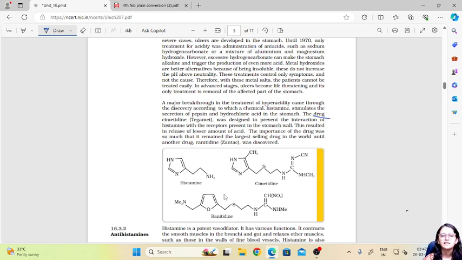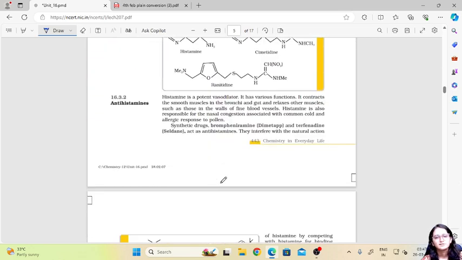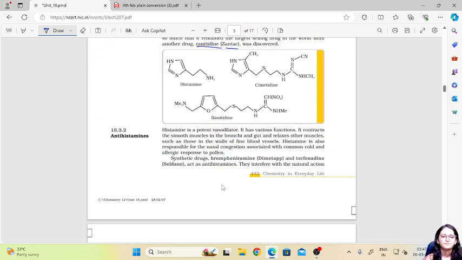Drugs like cimetidine, also called Tagamet, were designed to prevent the interaction of histamine with the receptors present in the stomach wall, and this resulted in the release of a lesser amount of acid. Then one more drug, ranitidine, called Zantac, was discovered. These are used to prevent or reduce the acidity.